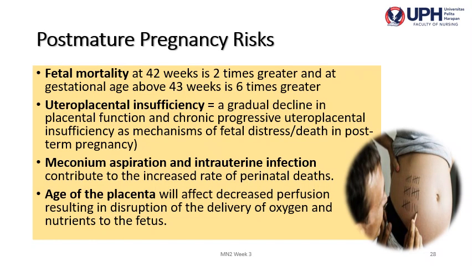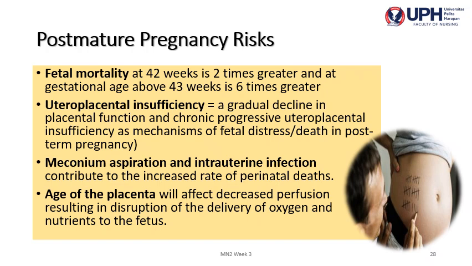The other pregnancy risk is that in postmature pregnancy, the fetal mortality at week 42 is 2 times greater, but then the mortality around 43 weeks is 6 times greater. So what we can do is we then induce the labor or we do C-section.